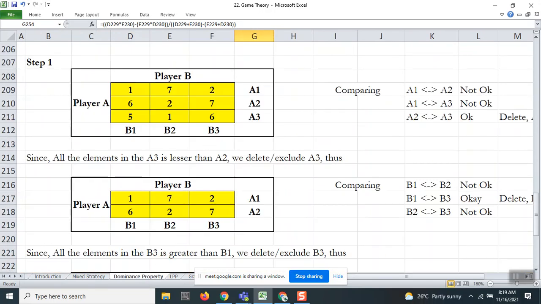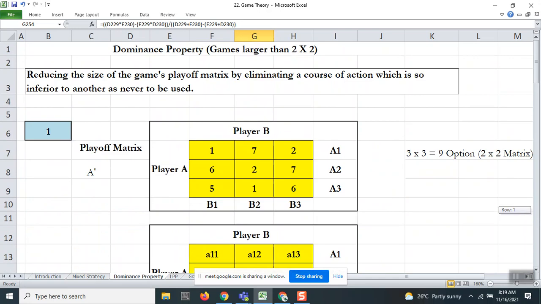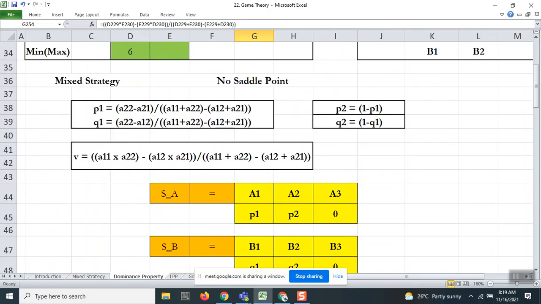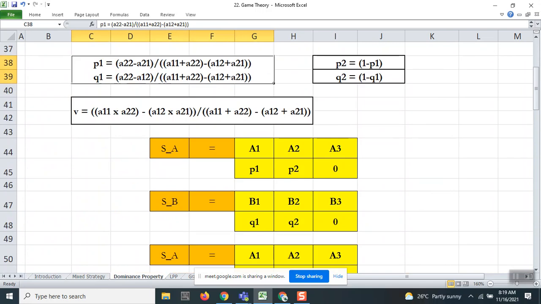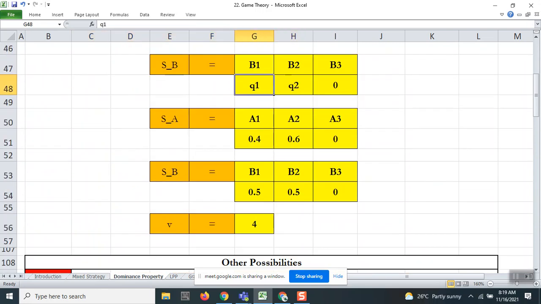We use the formula for Q1, and Q2 is 1 minus Q1. So the values of B1 and B2 we have now found using the linear programming problem. Let's see whether we get 0.5 and 0.5.